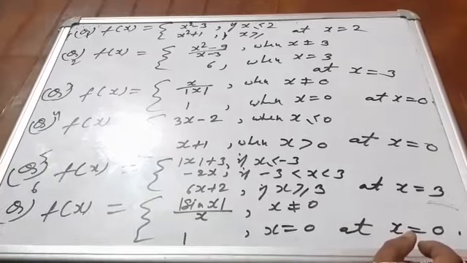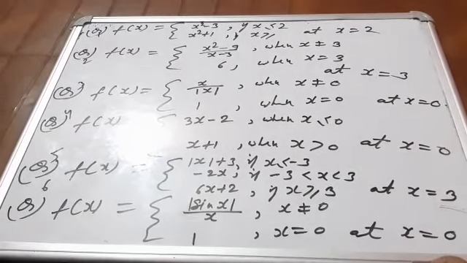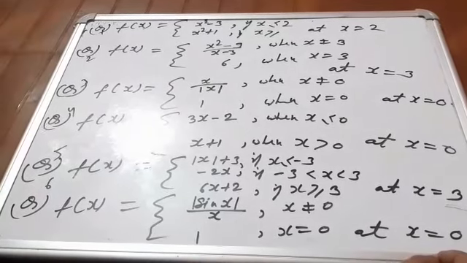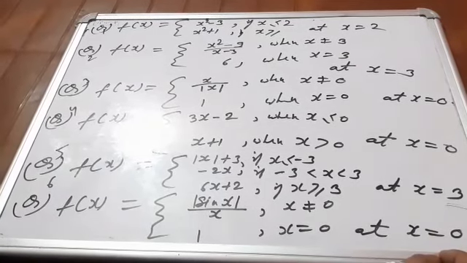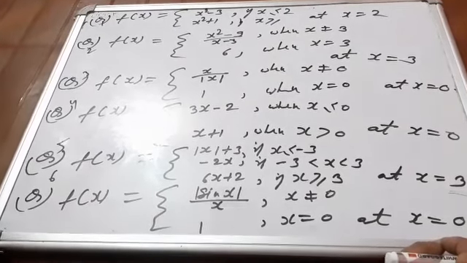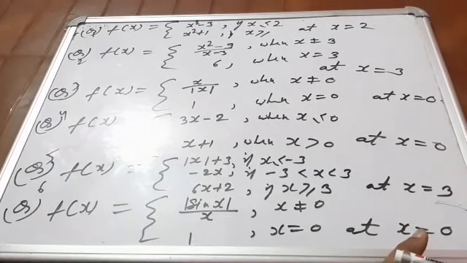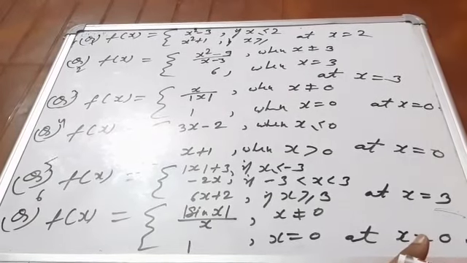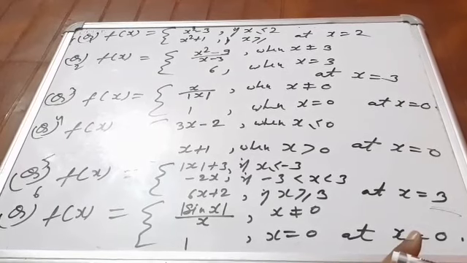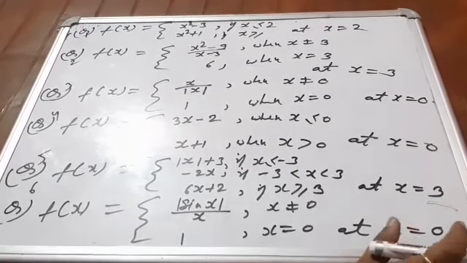These 6 questions approximately cover the maximum portion of continuity. If you solve them, your maximum portion of continuity will be solved. This is all about the main portion of continuity. Just solve one by one and send the solutions to me. Thank you very much.